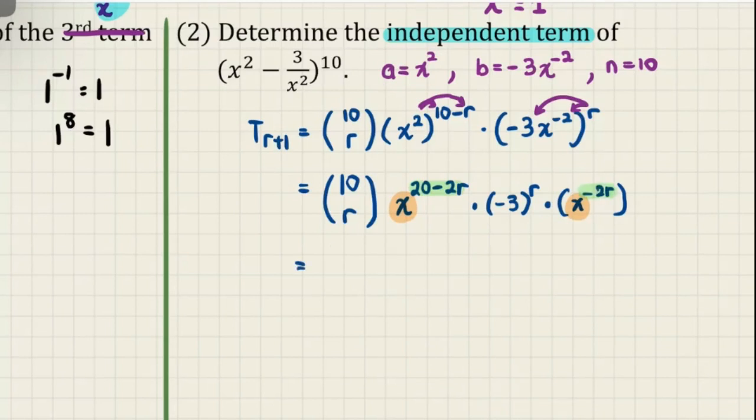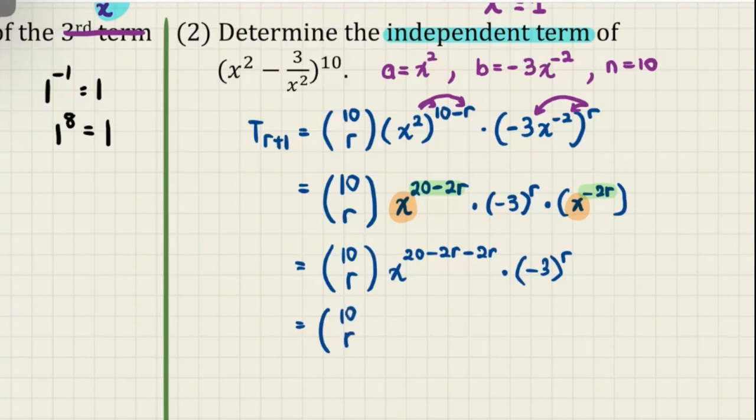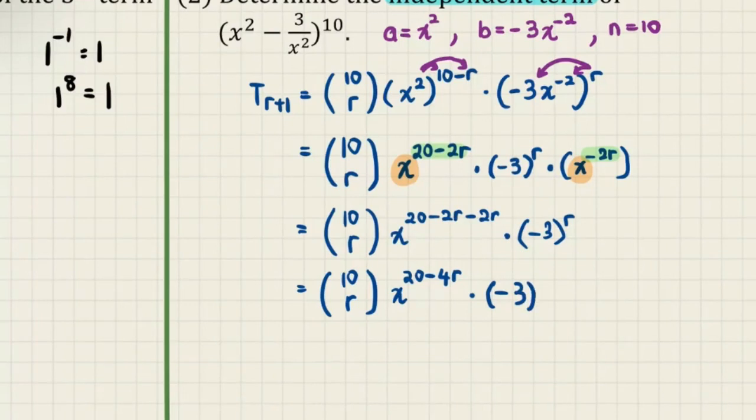So here I will get 10Cr x to the power of 20 minus 2r minus 2r multiplied by negative 3 to the power of r. Okay, so now we have 10Cr x to the power of 20 minus 4r multiplied by negative 3 to the power of r. Okay, sekarang dia dah dalam simplest form.